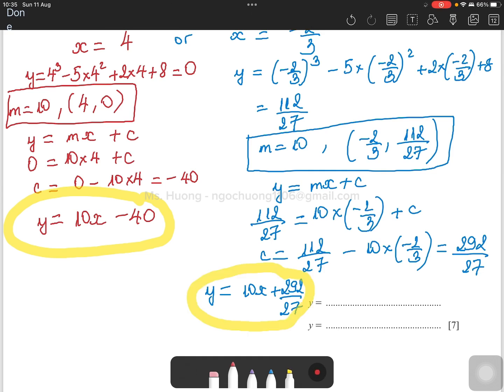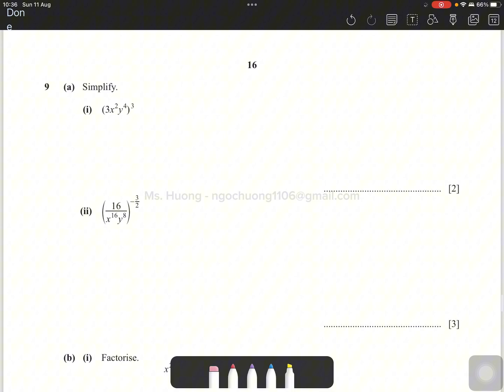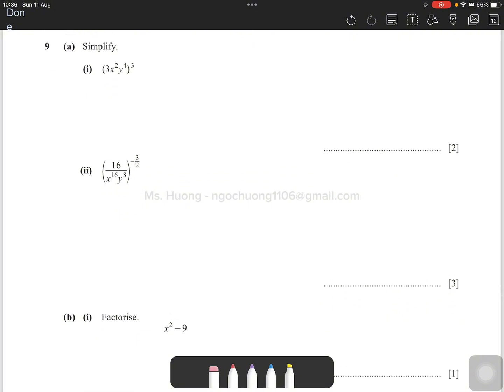Now we'll write down the answer again. y equals 10x minus 40 and y equals 10x plus 292 over 27. Question 9. A. Simplify these expressions.